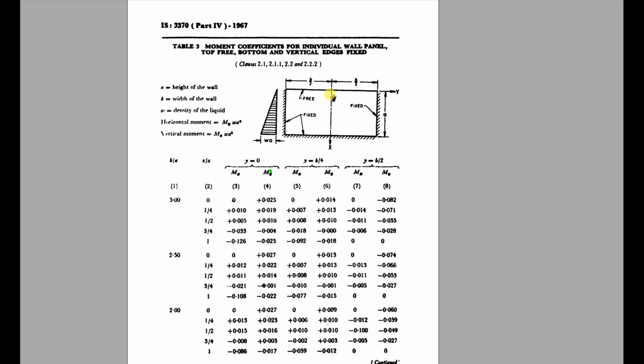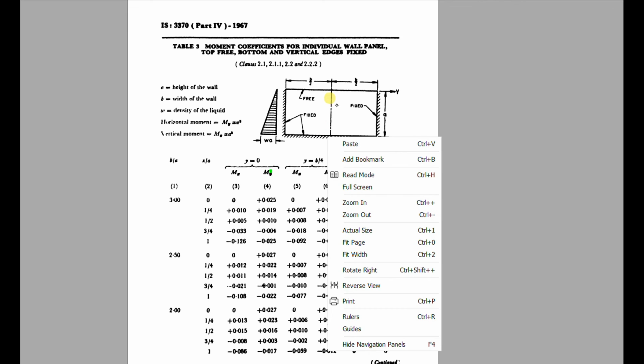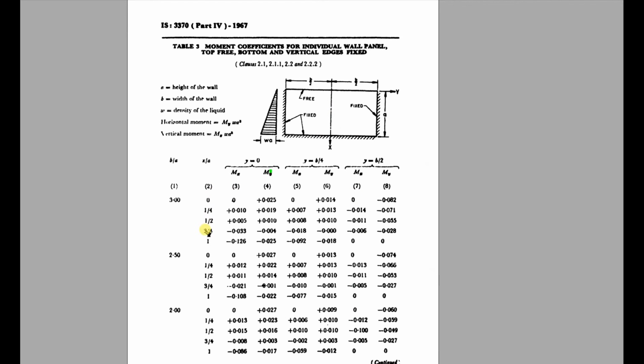There are some values given: 0, 1 by 4, 1 by 2, 3 by 4, 1. So these values are given at x by a equal to 0, 1 by 4, 1 by 2, 3 by 4, and 1. These are the different points for which the values have been given, along the width of the plate or the face.